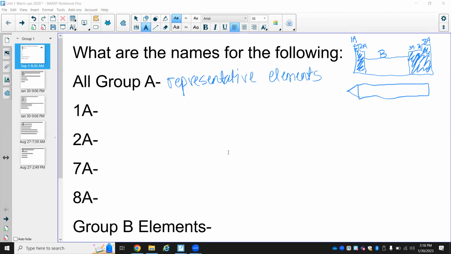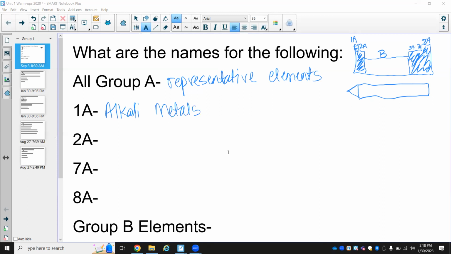That group 1A, the one furthest to the left, those we refer to as our alkali metals. So notice this one, alkali ends in an I. There's no ending on it, and those are just metals.